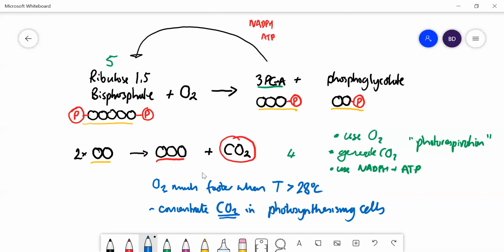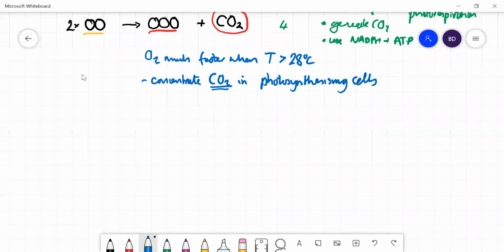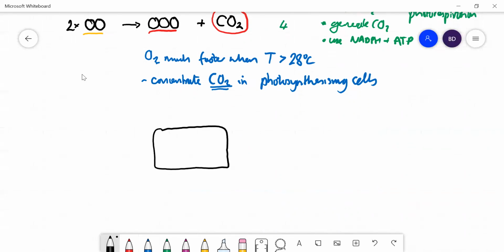Now, how do they concentrate the CO2? Well, the way they do it is this. I'm going to draw 2 cells, just as boxes. This one is going to be a mesophyll cell. You may remember in your leaf morphology, you've got your spongy mesophyll cells, and they're the ones in contact with the air.